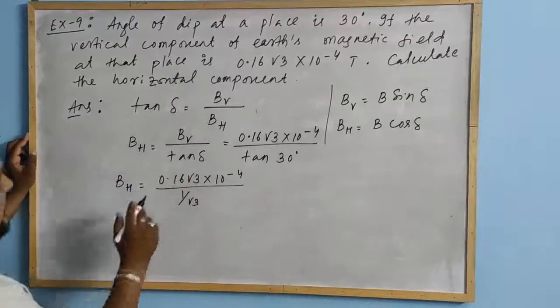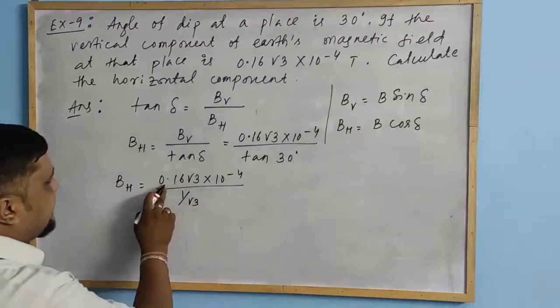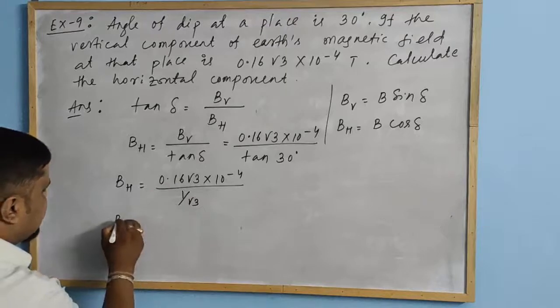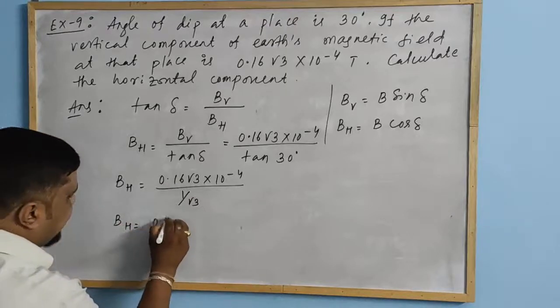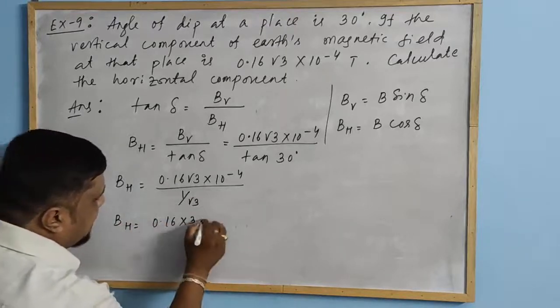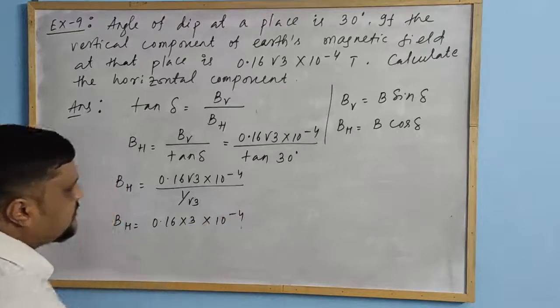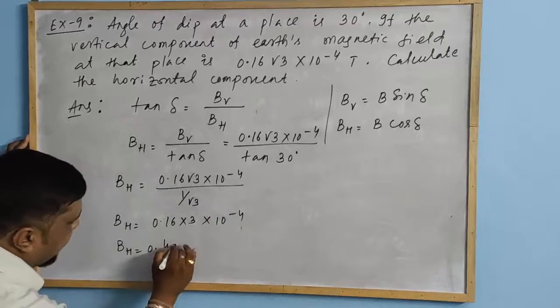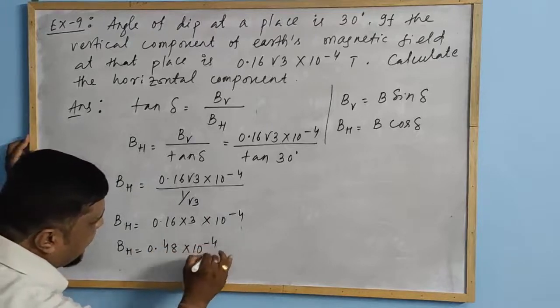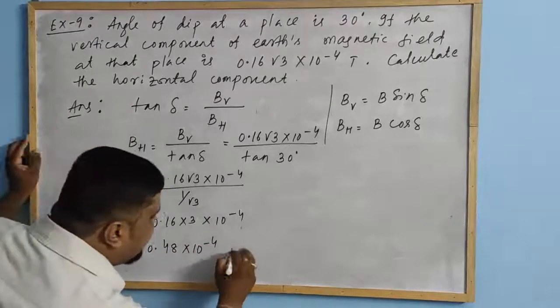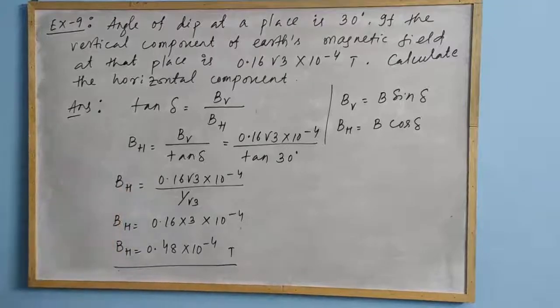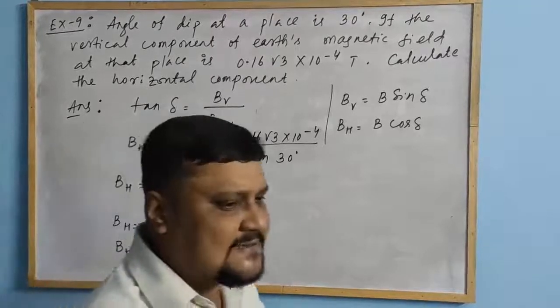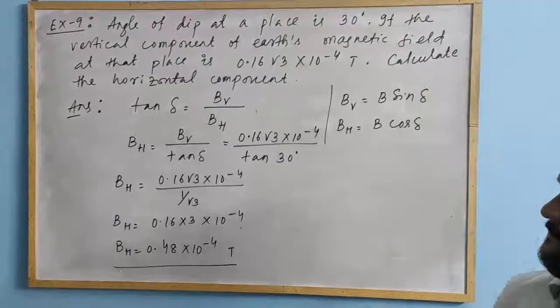So root 3 multiplied by root 3 gives 3, and 3 into 0.16 is 0.48. So this is equal to 0.48 into 10 to the power minus 4 Tesla. This is the horizontal component of the Earth's magnetic field. Clear?